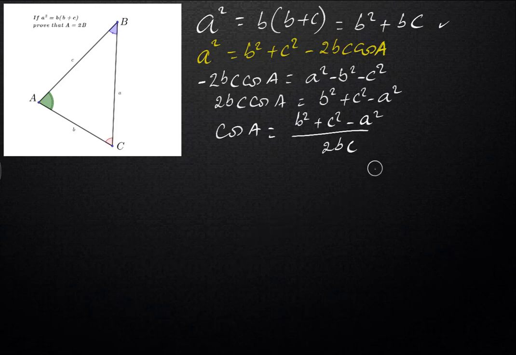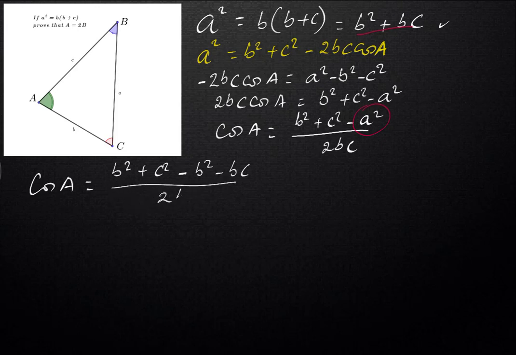Now we have to substitute a squared by its value here, which is b squared plus bc. So that will yield the following. You will get cosine A is equal to b squared plus c squared minus b squared minus bc, all over the quantity 2 times bc.